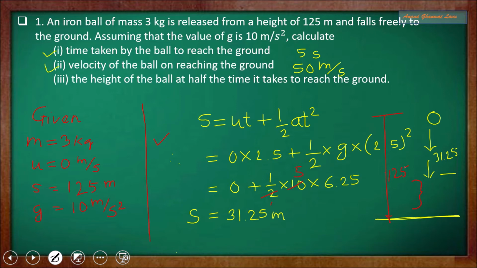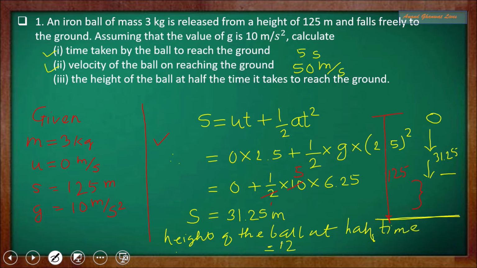So height of the ball at half time is equal to 125 minus 31.25.